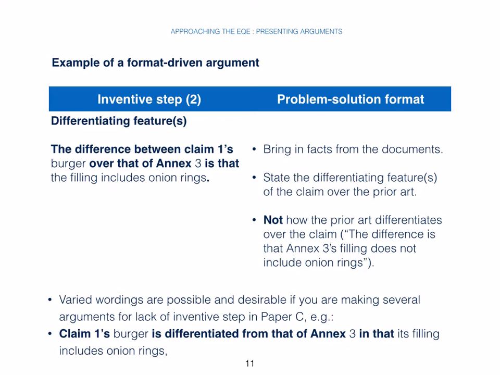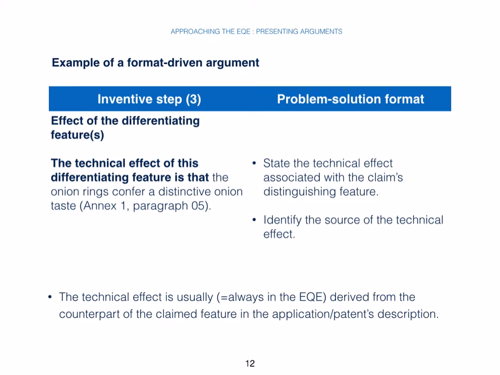So next we come to the effect of the differentiating feature. Here we can begin our argument by saying the technical effect of this differentiating feature is that, and then we go on, the onion rings confer a distinctive onion taste, Annex 1, paragraph 05.